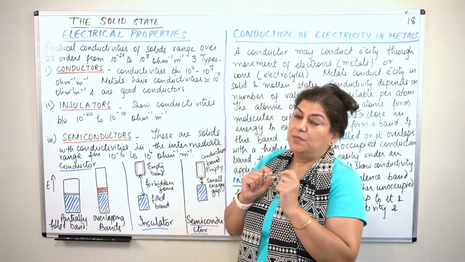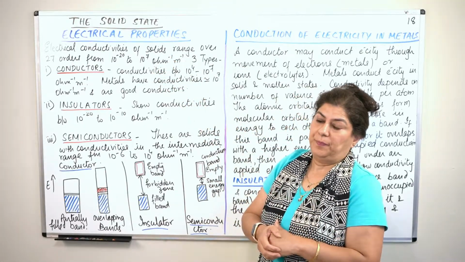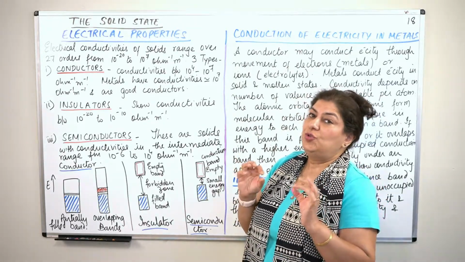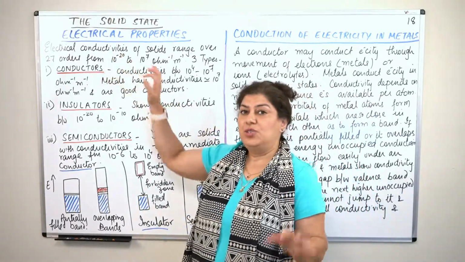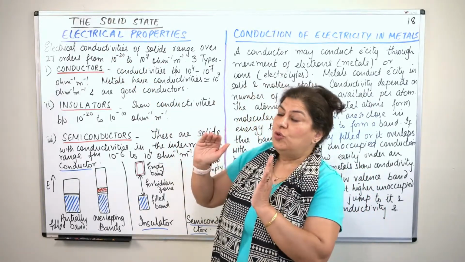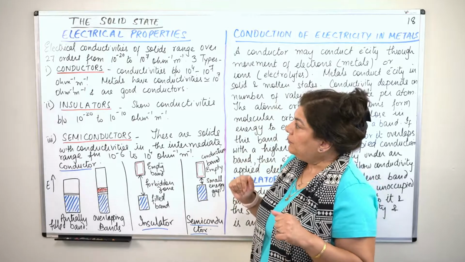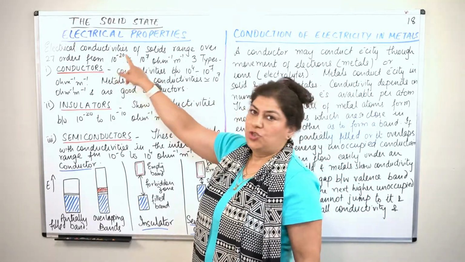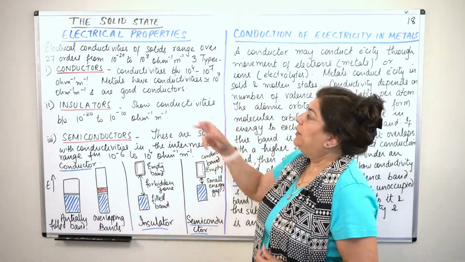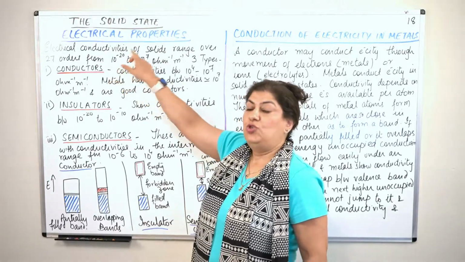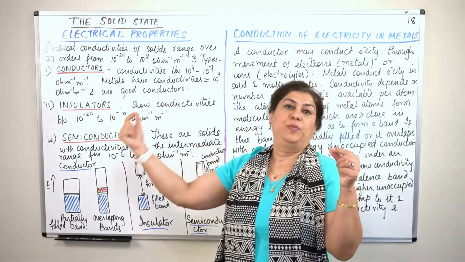Electrical conductivity is measured in the units per ohm per meter, and the conductivity of solids is usually seen between the range of 10 to the power minus 20 per ohm per meter to 10 to the power positive 7 per ohm per meter, which means if you see the powers of 10, the order to which 10 has been raised goes from minus 20 to plus 7, which is 27 integers, from minus 20 to plus 7.